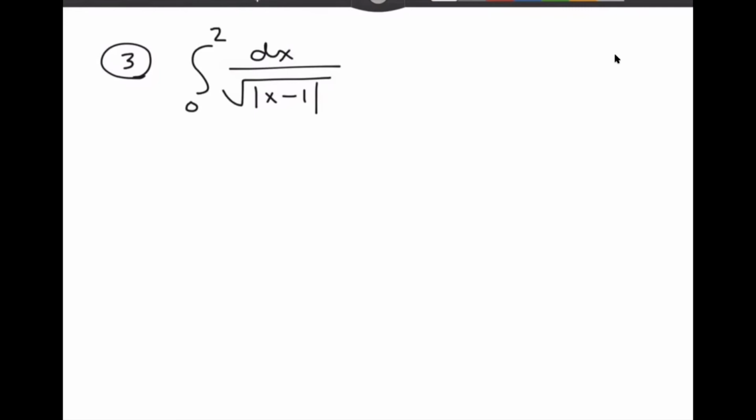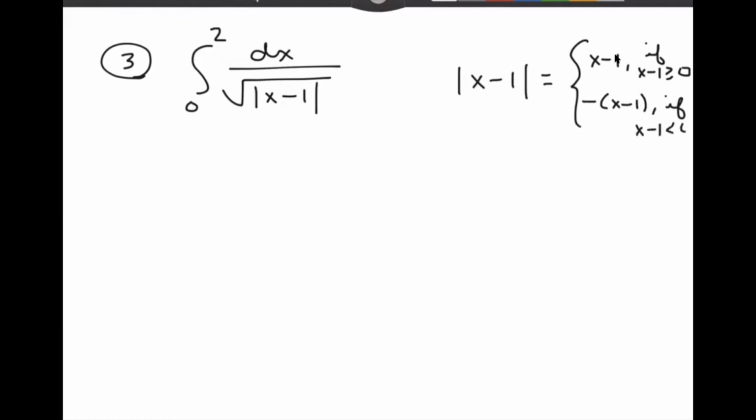The absolute value of x minus 1 is equal to just x minus 1 if x minus 1 is greater than or equal to 0. However, if x minus 1 is negative, then you have to flip it to the opposite. So it's going to become the opposite of x minus 1 if x minus 1 is negative. And that is going to be an issue in this problem.